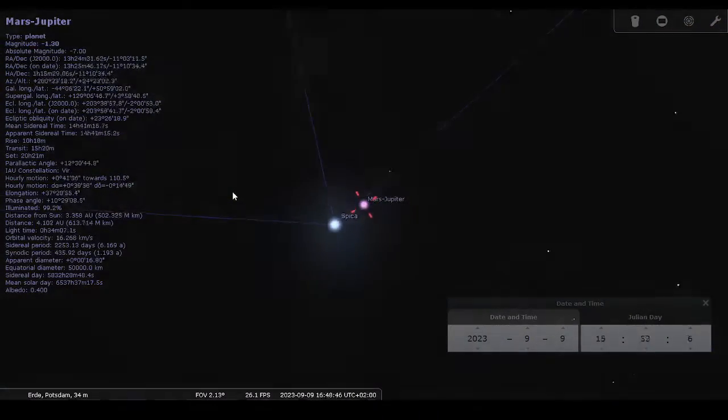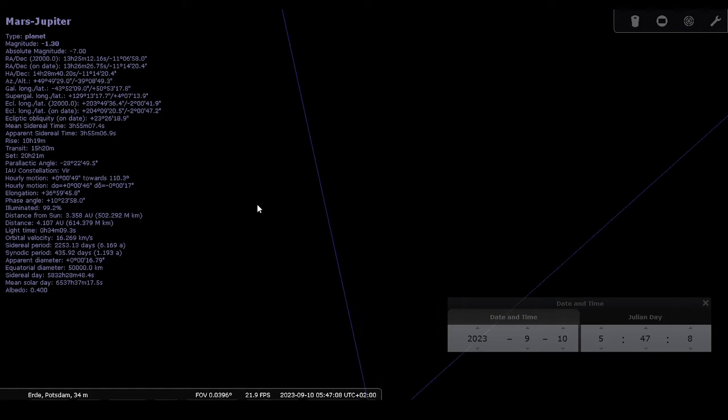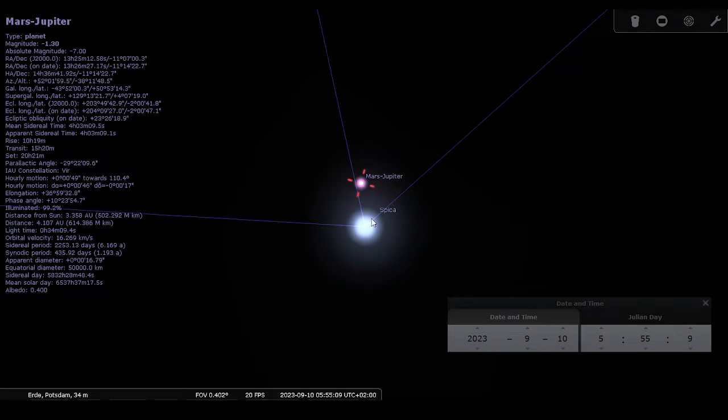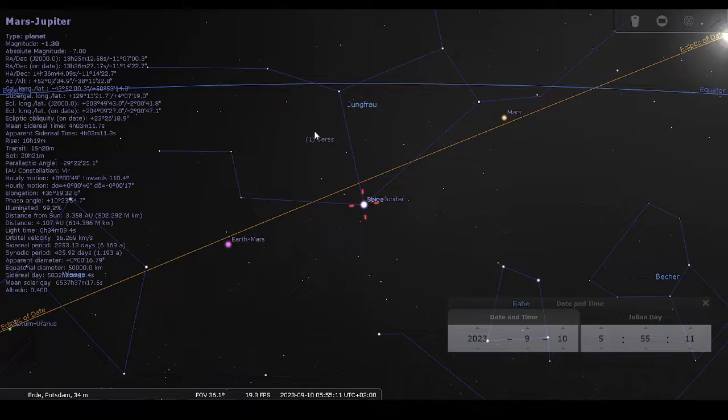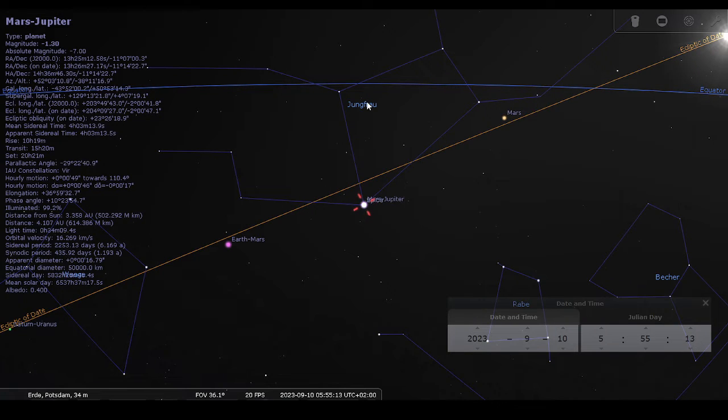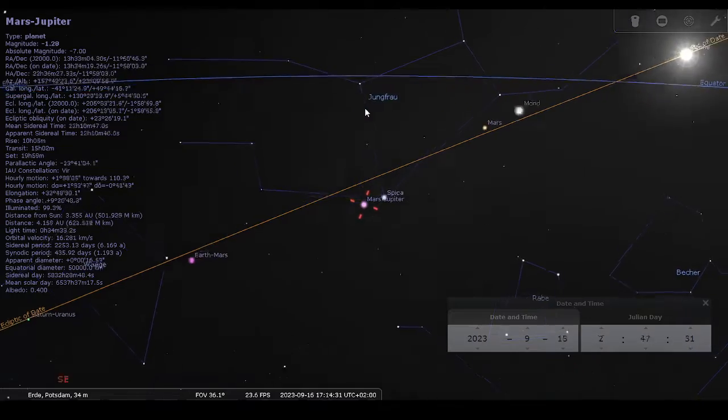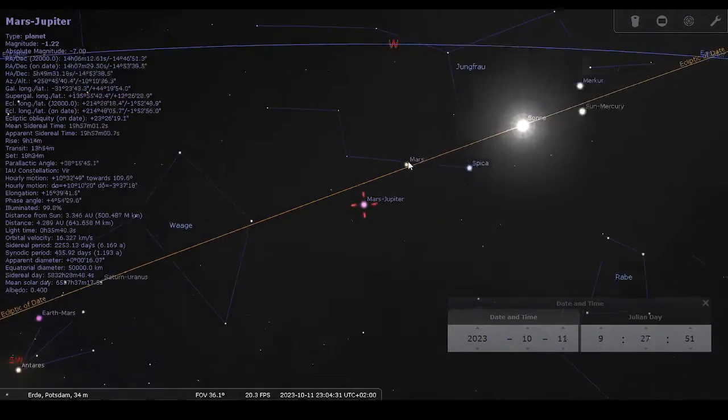And here you can see it's getting rather close to Spica. It's the brightest star in Virgo. That is the constellation Virgo. And you can see that it's moving slower than Mars.